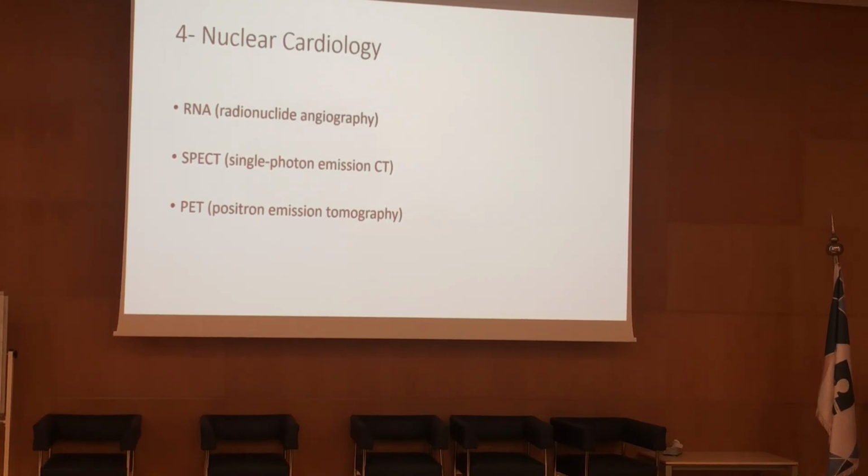Any name of a tracer that we use? No clue. So we use technetium for SPECT mainly, and in PET, which is positron emission tomography, we use rubidium and ammonia. These are the main two. And in RNA, we use technetium too.